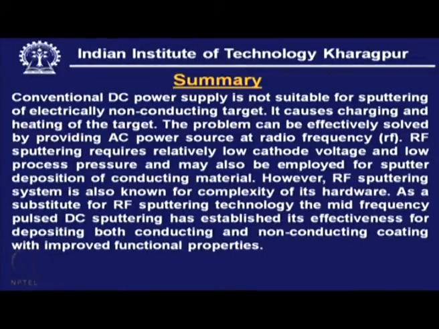RF sputtering requires relatively low cathode voltage and low process pressure, which is definitely advantageous, and may also be employed for sputter deposition of conducting materials. However, the RF sputtering system is also known for its complexity, particularly for tuning the circuit, this matching along with the plasma, so that the highest possible power supply is possible, and the design of the blocking capacitor.